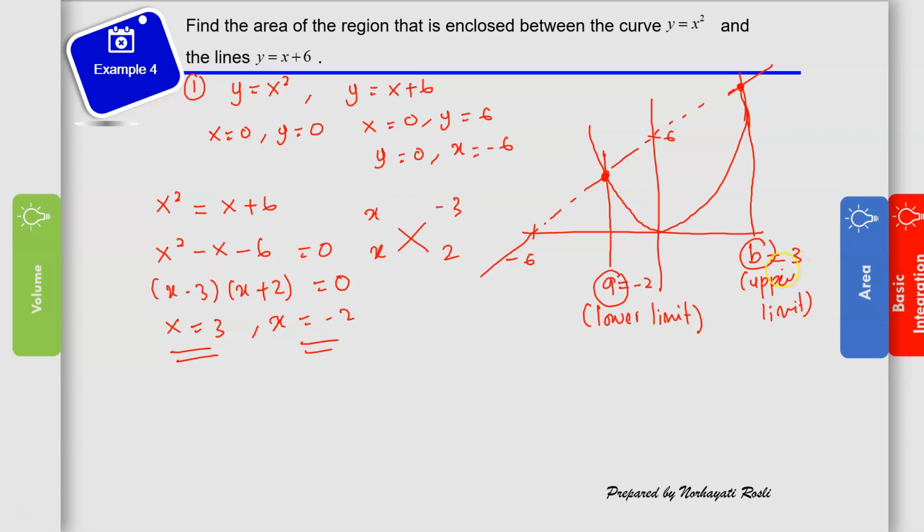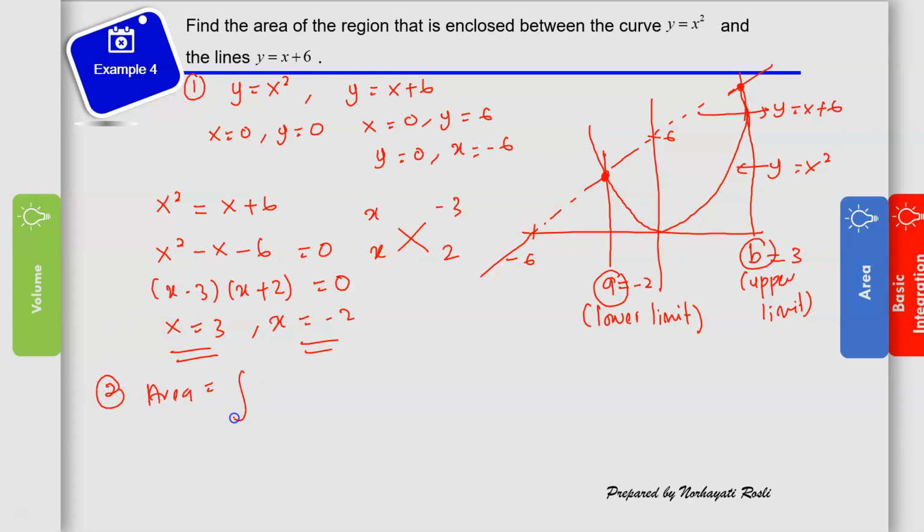Once we have this, we can see directly from the figure that y equal to x plus 6 is the upper function, and y equal to x squared is the lower function. So how can we compute our area?